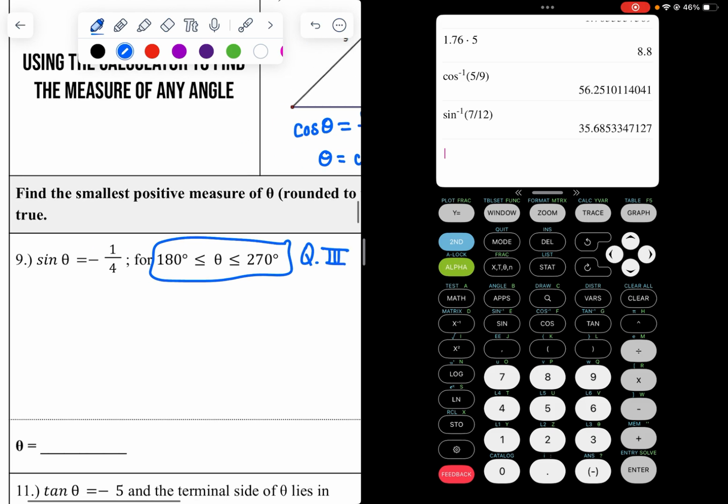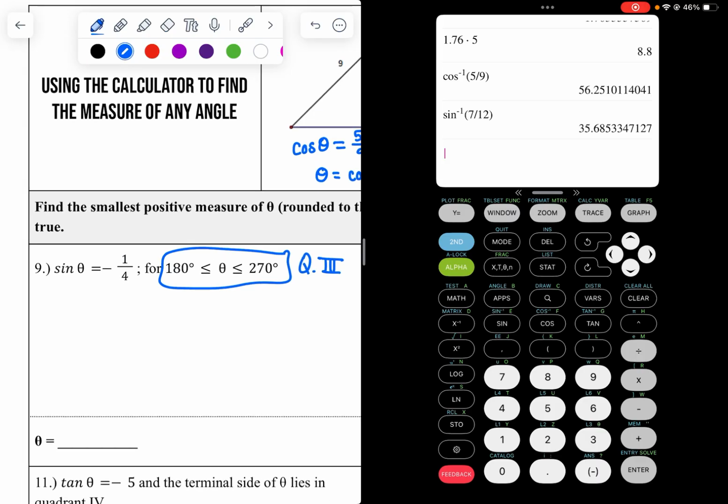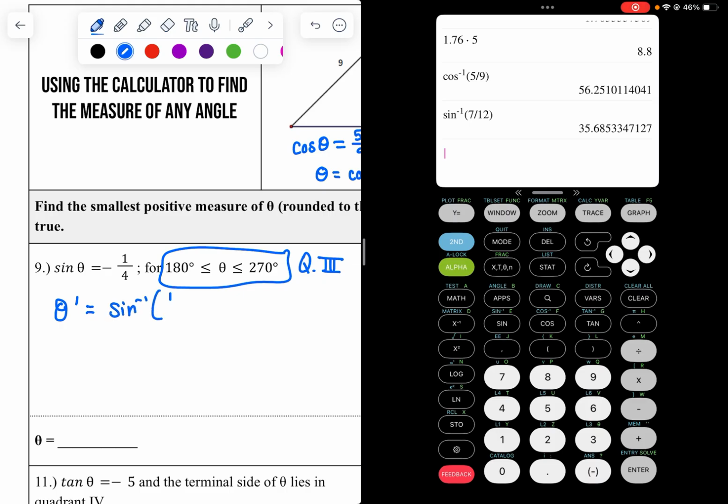So our reference angle, though, we've got to figure out what angle measure down in quadrant 3 would tell us this information. And so theta prime would equal the inverse sine of 1/4. We don't need the negative. We know it's negative because it's down in quadrant 3 and sine is negative down there. But to enter it into our calculator, we have to enter it as just the positive 1/4, and that's why we're talking about theta prime, our reference angle here.